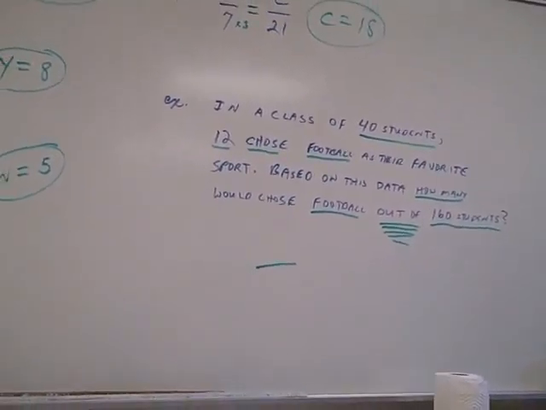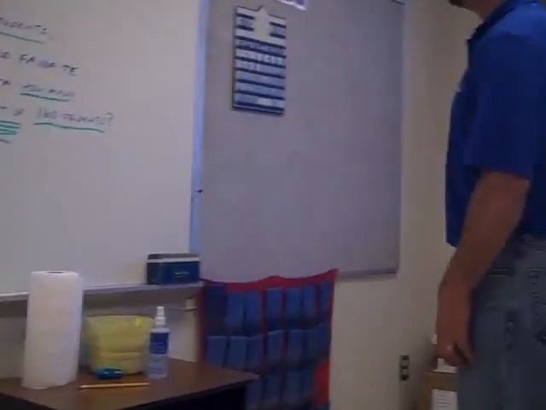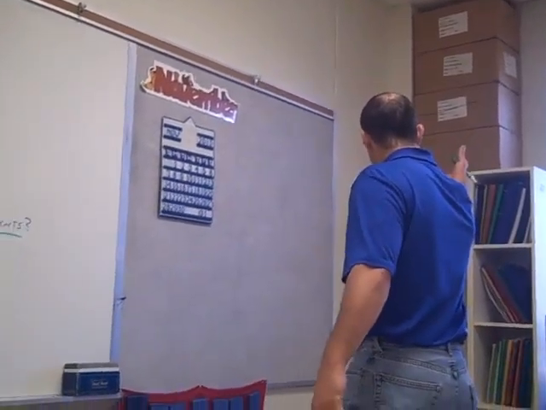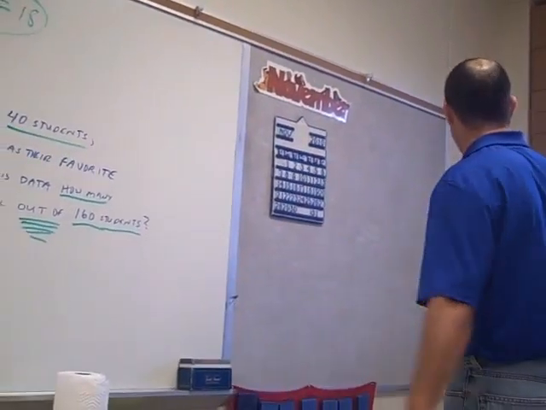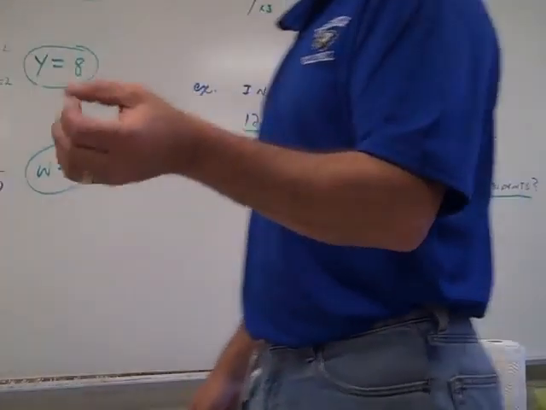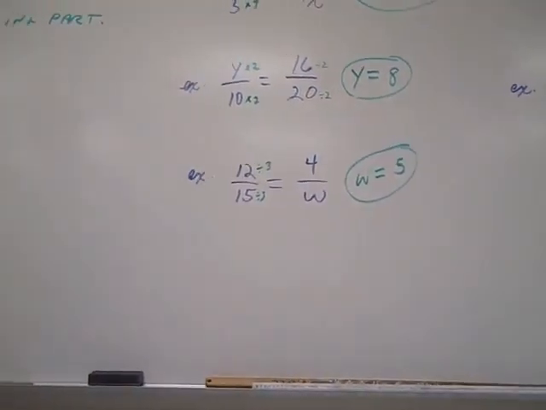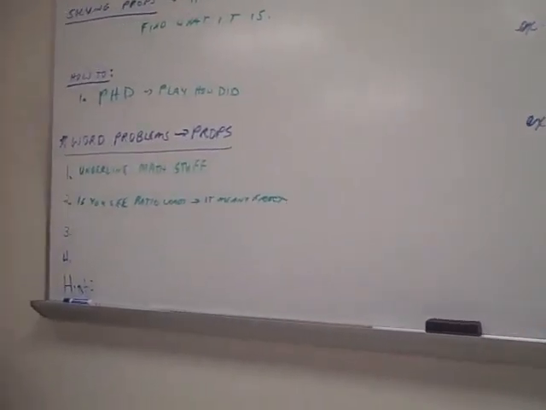The number behind the ratio word is on the bottom. Thank you. So what's this? Front. Behind. Front and behind. Remember me saying that? If you got ratio words, look in front, then look behind. The one in front goes on top.